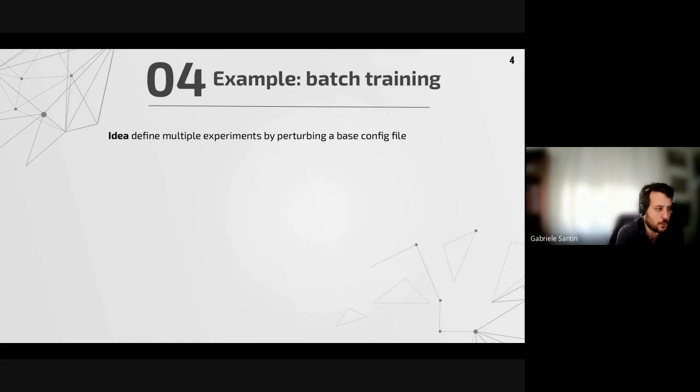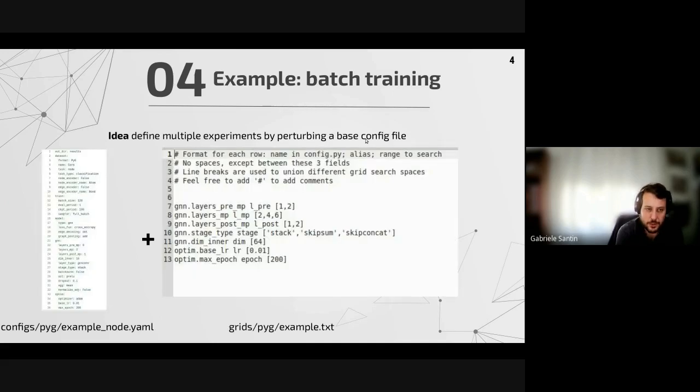So the idea is to have a base configuration file like the one that we had before, and then have a set of rules to perturb this base configuration file to obtain new ones. So in more detail, we have a configuration file that is exactly the one that we had before on the left, plus a set of rules to perturb that. And these are saved in the second configuration folder that I showed you before, the grids one.